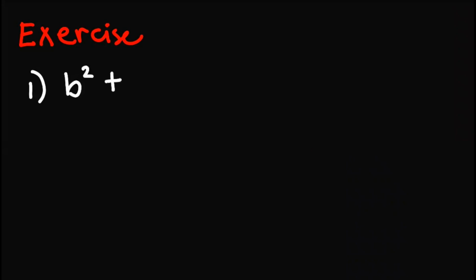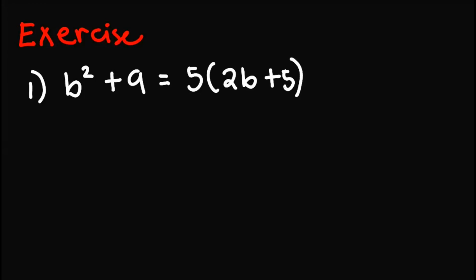Now, as an exercise, you can work on these two examples. First, b squared plus 9 equals 5 times 2b plus 5. In this example, you will first need to simplify some things before you can apply the completing the square method.